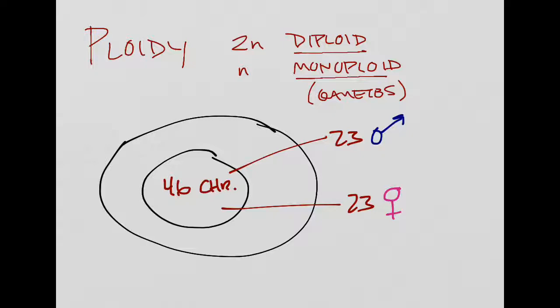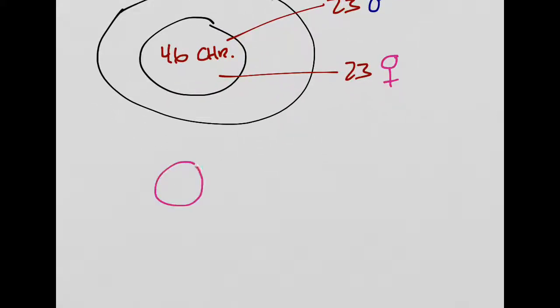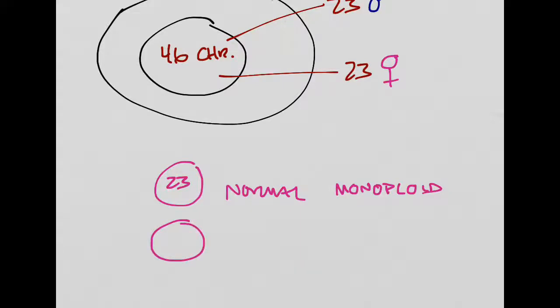However, there are some situations where meiosis does not actually work correctly in the formation of gametes, so that you might end up with an egg that instead of having 23 chromosomes, which is what it would normally be, right? This is normal. Then you would have an aneuploidy situation, so this would be a normal monoploid. Imagine if you had an egg cell that instead had 24 chromosomes.